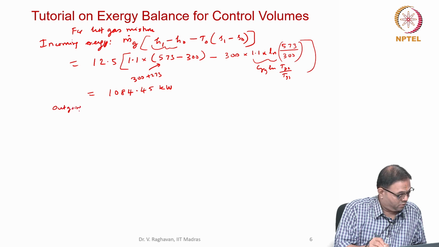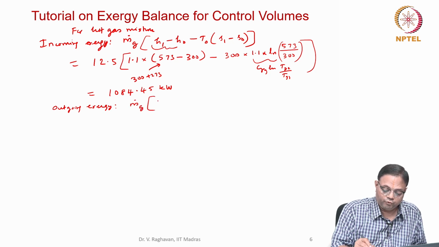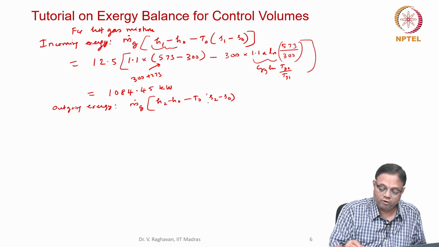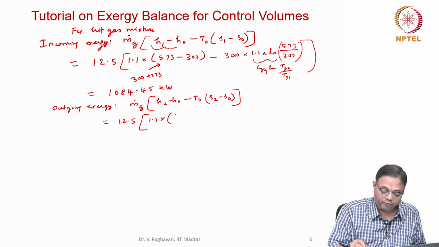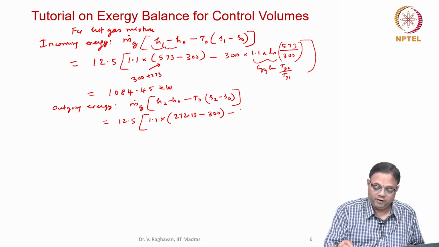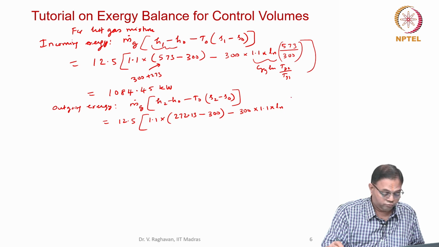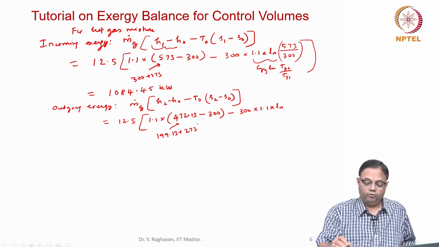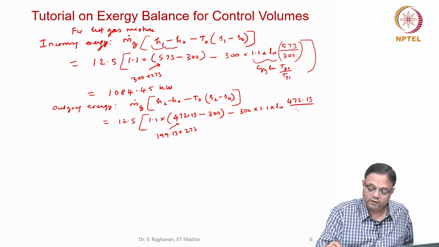Now outgoing exergy, which is asked, is m dot g into h2 minus h naught minus T naught times s2 minus s naught, which is equal to 12.5 times 1.1 into 272.13, that is 199.13 minus 300 minus 300 times 1.1 into ln of, 199.13 plus 273, 472.13 divided by 300.